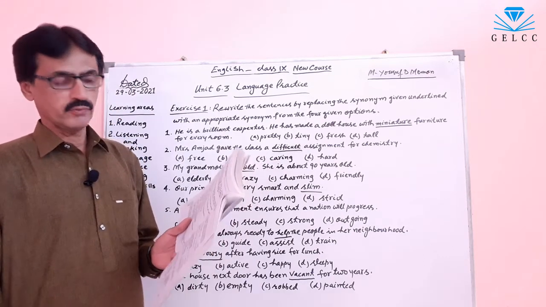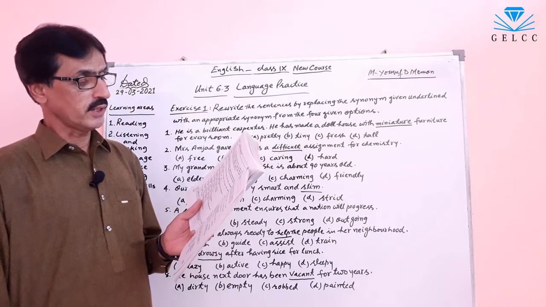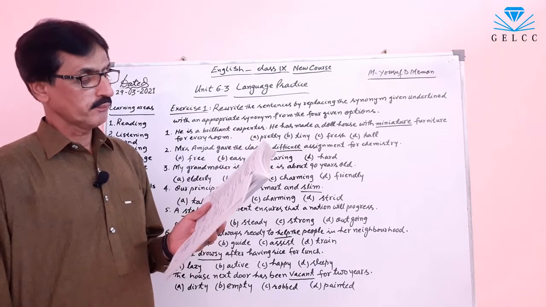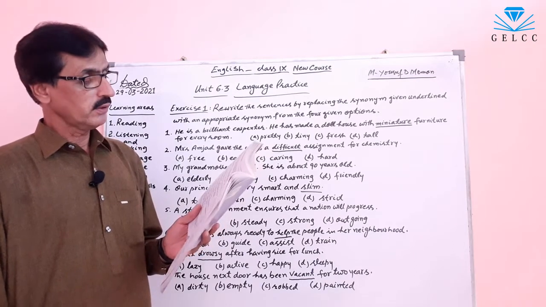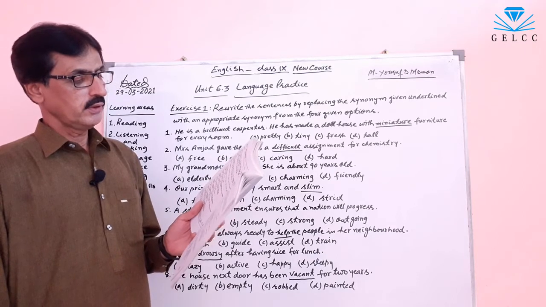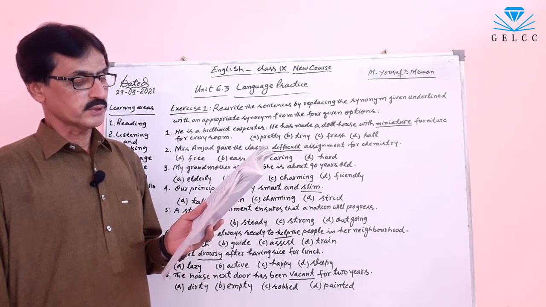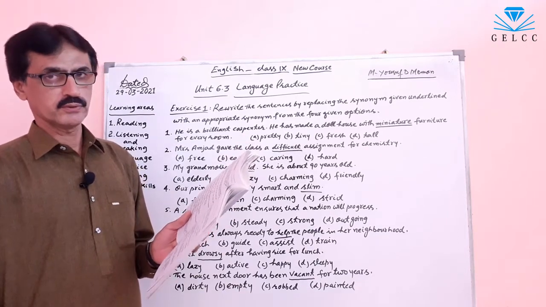Now, exercise 1 in your book. Do the following exercise in your notebook. Rewrite the sentences by replacing the synonym given in bold with an appropriate synonym from the 4 given options.